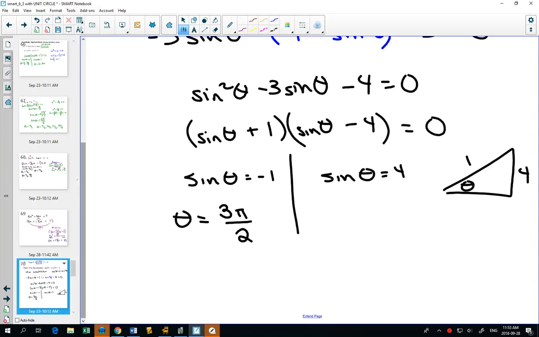Why is that incorrect? Hypotenuse has to be longer. Can you draw a right angle triangle with the opposite side of 4? Because that's what this ratio is, 4 over 1. Can I draw that? No. So this can be done without a calculator because the answer to this side is not possible. And the only answer to this one is negative 3 pi over 2.